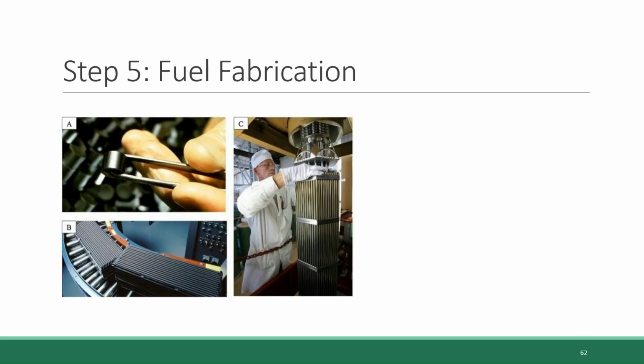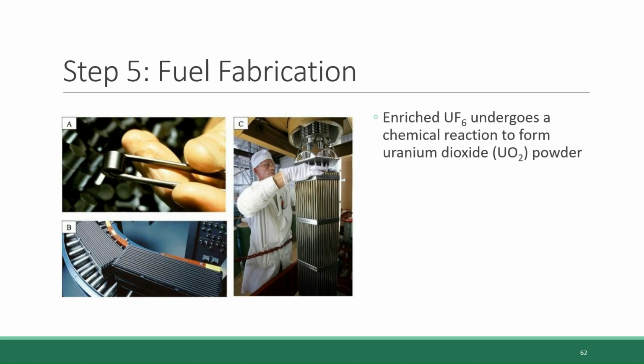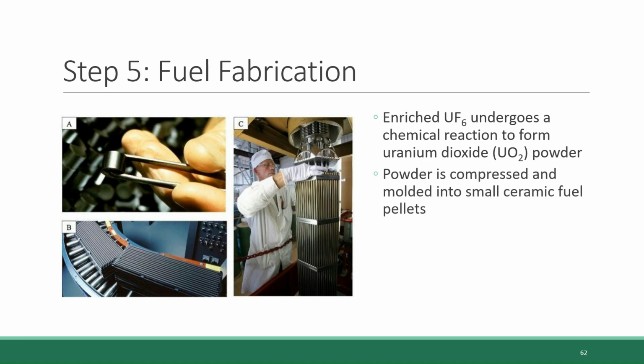The final fuel fabrication step prepares the enriched uranium so that it's ready for use in the nuclear power plant. The enriched UF6 is made to undergo a chemical reaction that transforms it into uranium dioxide powder, which is then compressed and molded into small ceramic fuel pellets, one of which you can see pictured in A. So quite small.